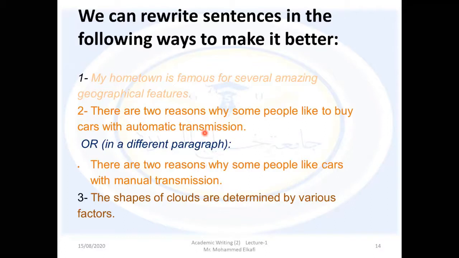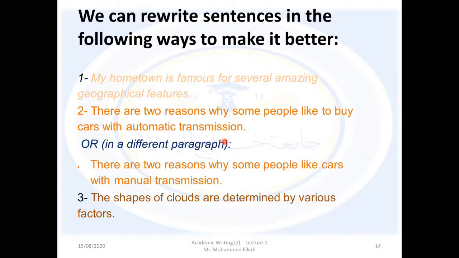In the previous example, we used two topics: cars with automatic transmission and cars with manual transmission. Now to correct the sentence, we use one topic, which is what? Cars with automatic transmission. In some other paragraph, we can write about the reasons that make people like to buy cars with manual transmission, but not in the same paragraph.